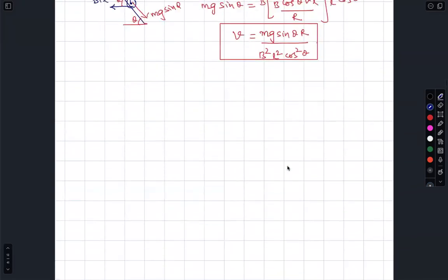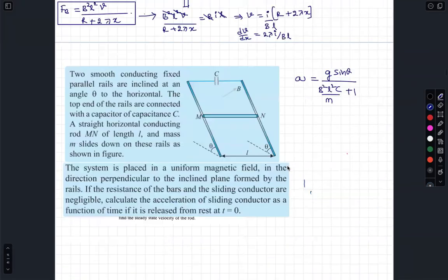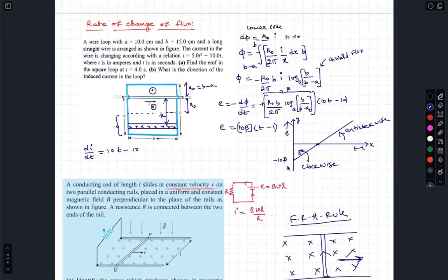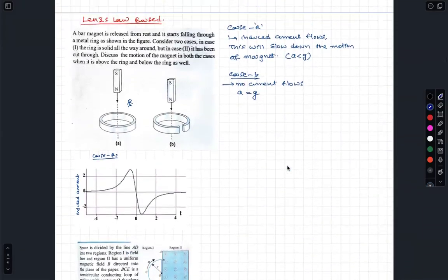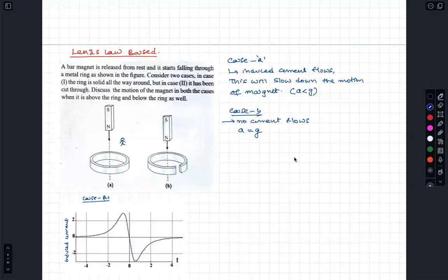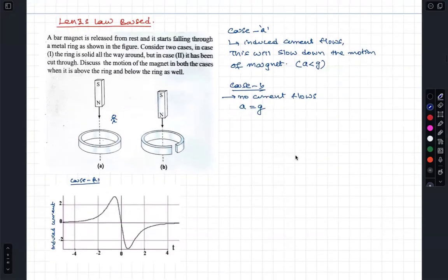So these are all some basic models which I have discussed thoroughly. On the basis of Lenz's law, you may expect this question. If you drop a bar magnet in case A, the induced current in the coil as a function of time can be represented by the graph.